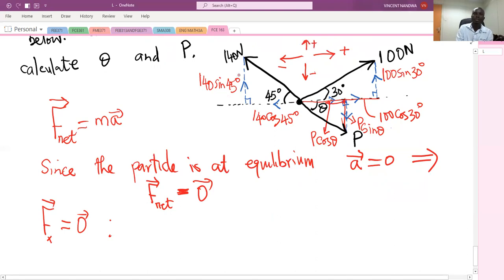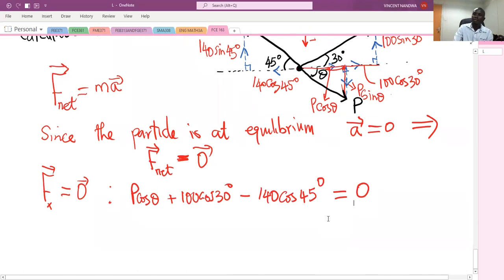This one is going to the right, so we'll have P cosine of theta positive, plus this is also going to the right, 100 cosine of 30 degrees, but this is to the left, so negative 140 cosine of 45 degrees, which should give us 0.